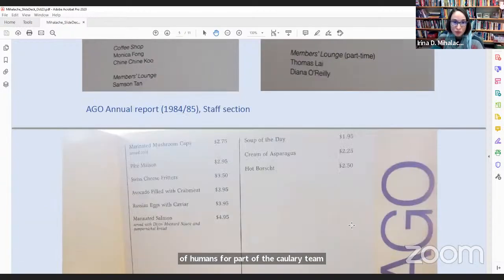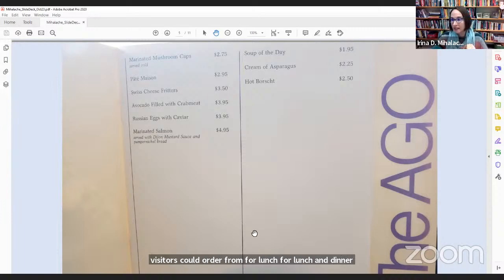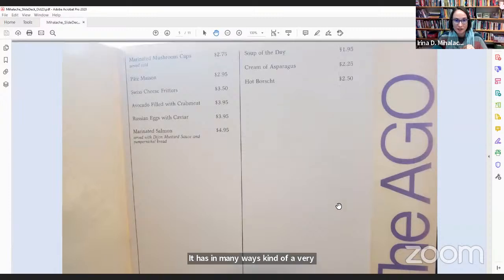So I just wanted to introduce you to the AGO menu. This would have been the menu that visitors could order from for lunch and dinner. It has, in many ways, a very traditional structure. It starts with the appetizers and the soup.